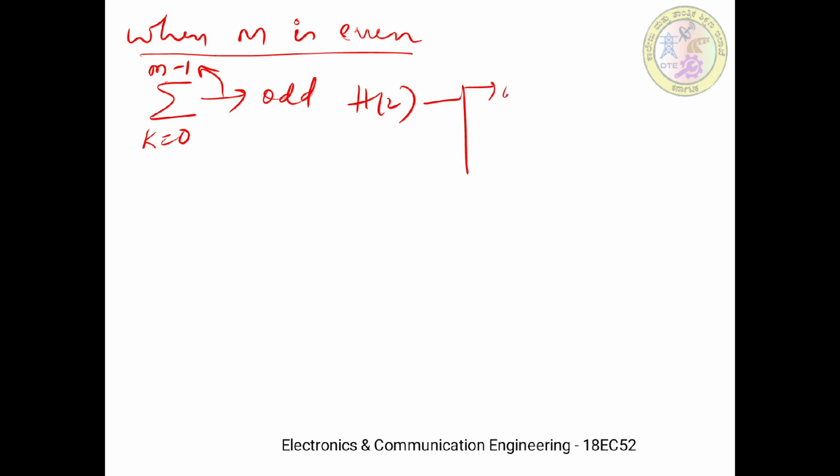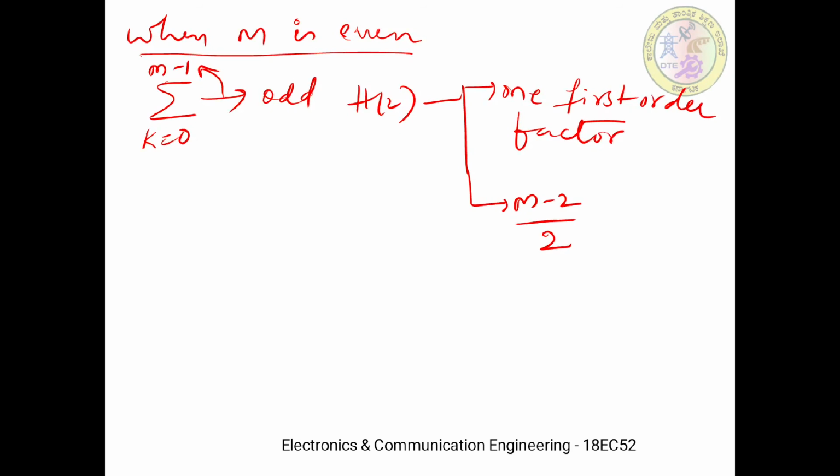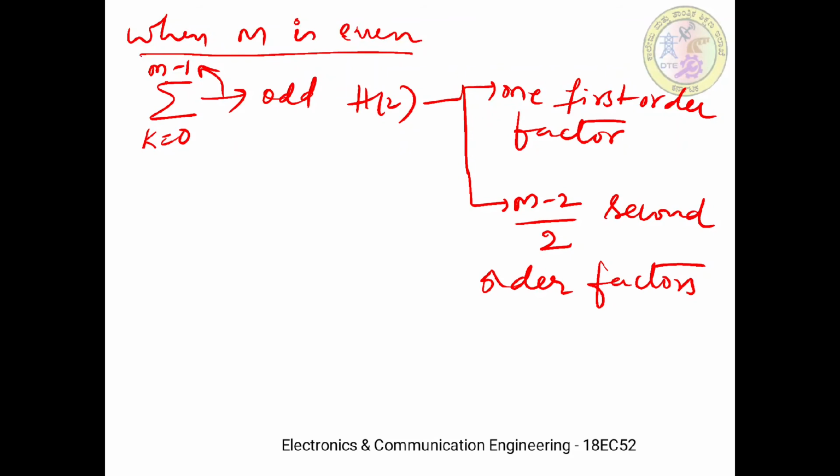So in that case, h of z will have one first order factor and the remaining m minus 2 by 2 second order factors. This is the solution proposed when m is even.